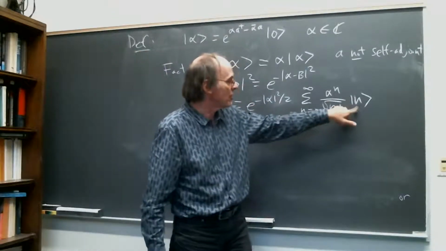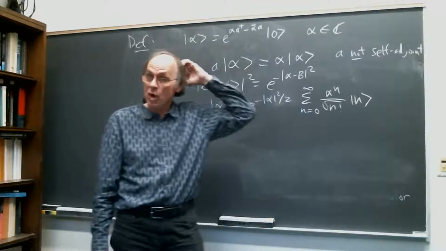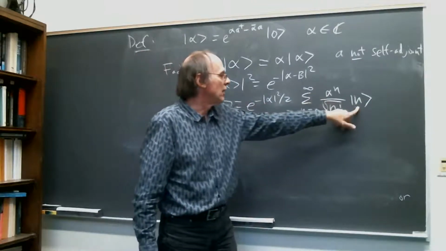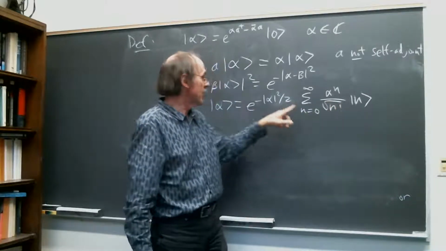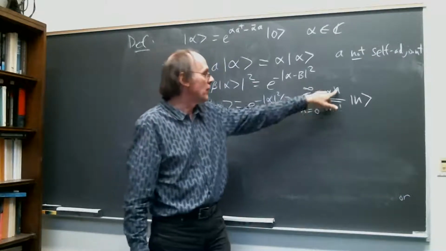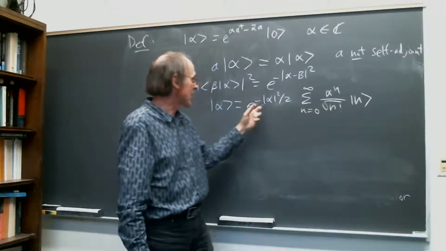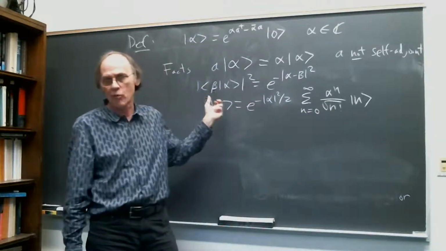If you think of it in terms of states with a fixed number of quanta, it's an infinite sum of states with 0 up to infinity quanta, but with these very particular coefficients. So this state definitely does not have a fixed number of quanta.